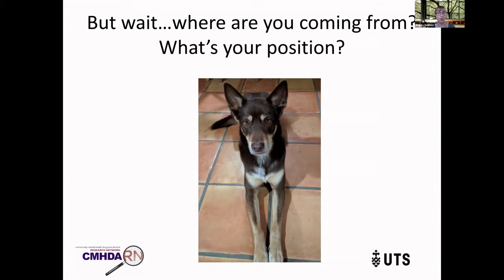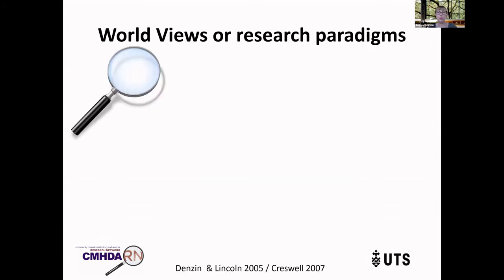Okay, so we're going to look into paradigms, or worldviews. A paradigm is really a cluster of beliefs that dictates how researchers approach the study and interpret the results. It's sometimes aligned with a particular discipline, but some disciplines, particularly in the social sciences, can actually have multiple paradigms.